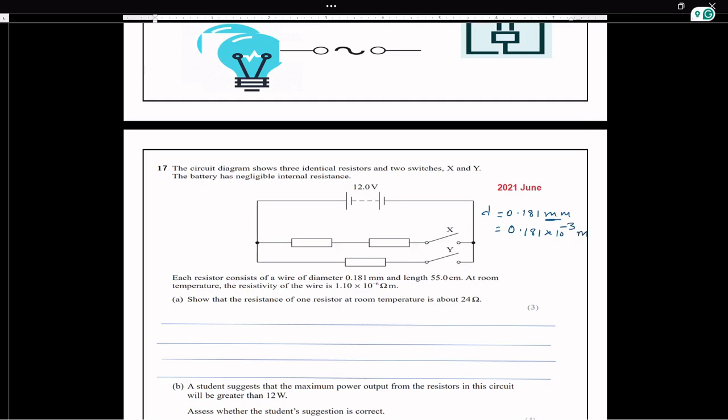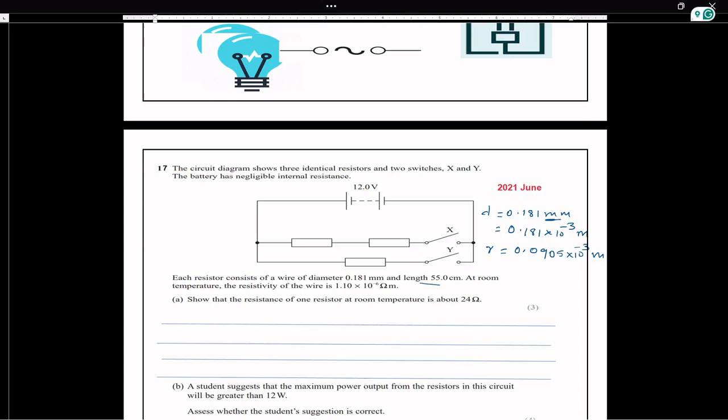So instead of milli, we are multiplying with 10 to the power of negative 3 meters. Then from this we can write the radius, which is half of the diameter. So this will be 0.0905 times 10 to the power of negative 3 meters.